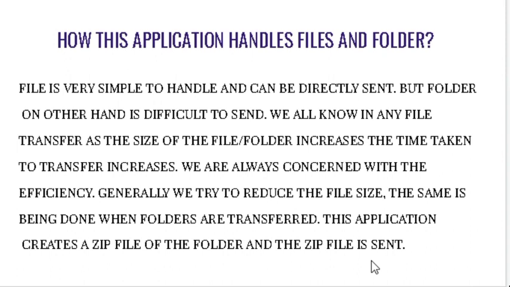That's the reason why I smartly converted the folder into a zip file using a special Python function named make_archive, which belongs to a module named shutil in Python. Using that, I was able to convert a folder into a zip file. That zip file gets transferred from your PC to your smartphone, so it reduces the size as well as the time it takes to generate the QR code.